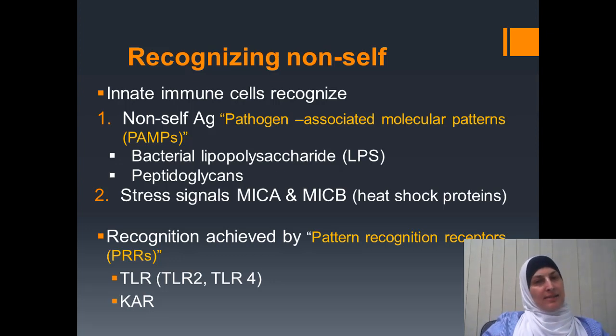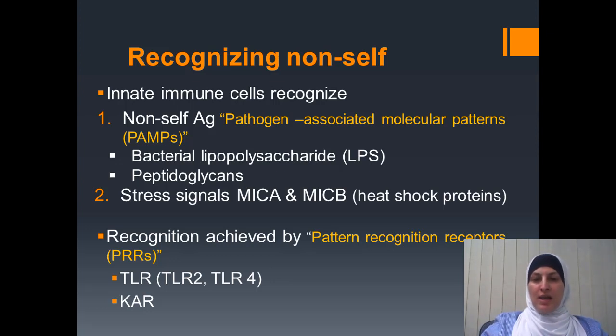Now, how would the innate immune cells know that MIC-A and MIC-B are expressed on the surface? There must be receptors on the surface of these innate immune cells that can detect either these pathogenic patterns or these alarm signals, MIC-A and MIC-B.